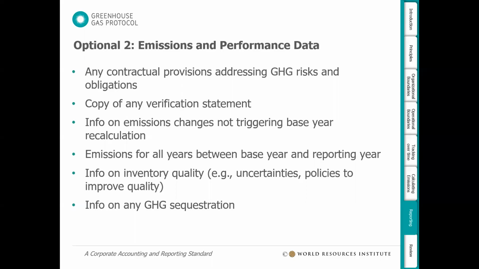So instead, the corporate standard simply states that companies can report information on carbon sequestration if they want to, but if that information is reported, it should be reported outside of the scopes in a memo item. Okay. And finally, companies might also want to include a list of facilities reported in the inventory.